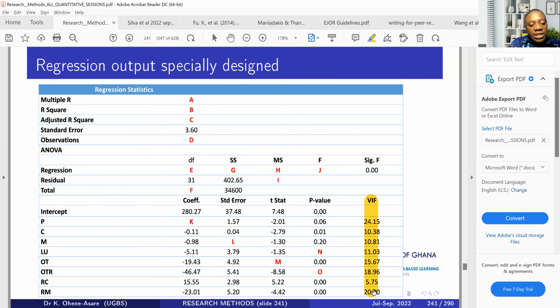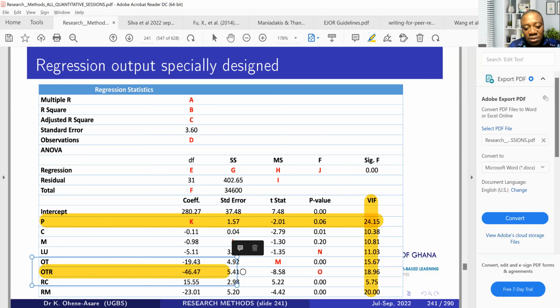So for example, this is price, that's the first one, the VIF of price. And this is OTR.